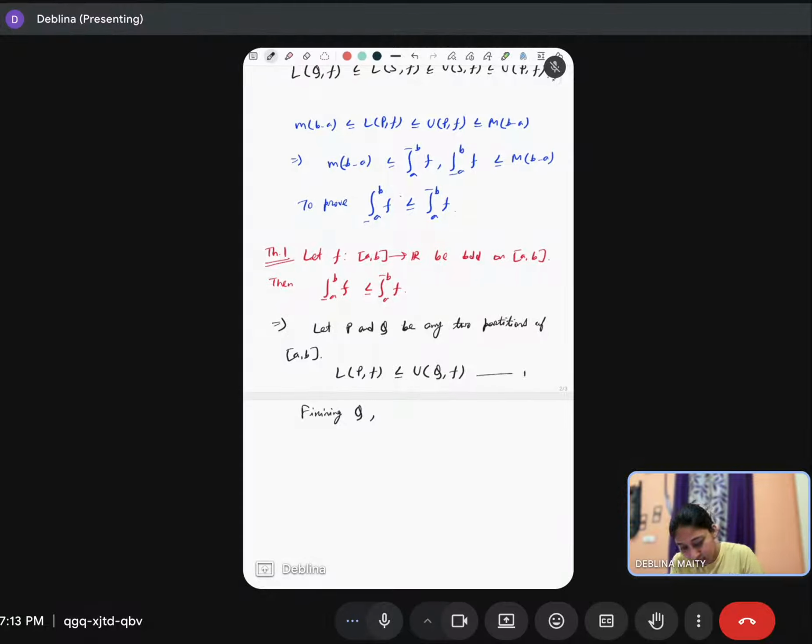Now if we're fixing Q, we see that it holds for all P belonging to this P[a, b], right? Because P and Q are arbitrary.